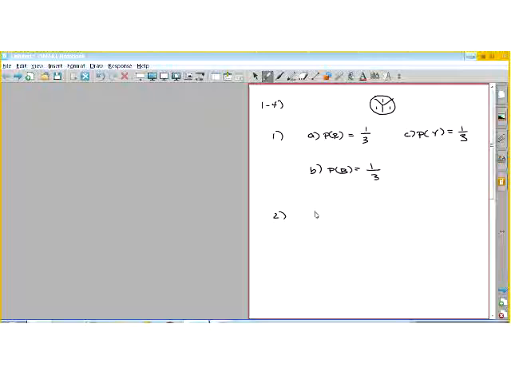Now on number 2, we have 2 yellows, we have 1 red, and we have 1 blue. And again, those are broken up into equal size proportions. So the total number of areas is 4, with 2 being yellow, 1 being red, 1 being blue.